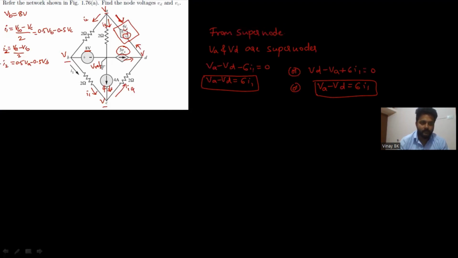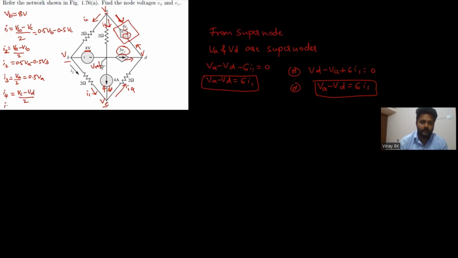Similarly, how do we write I3? I3 is nothing but VA divided by 2, which is 0.5 into VA. Then I4, one more current, is flowing from VC to VD. So you write the tail end voltage VC minus VD divided by 2.